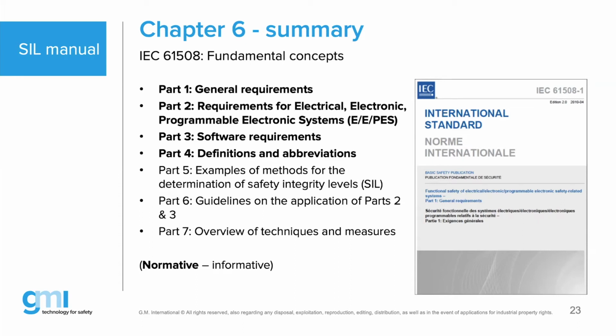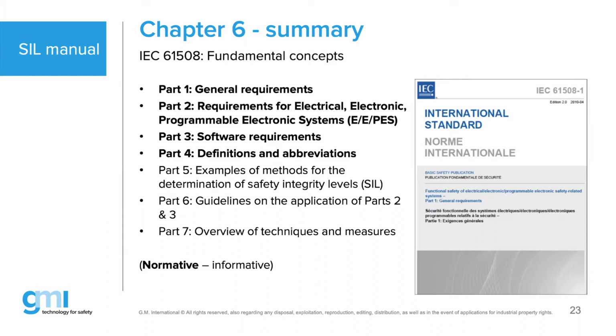And to be able to do that, he will use an informative section to help him judge that GMI has followed part 1, 2, 3, 4, and part 5, 6, 7 is informative. That means the development team inside GMI is using this as guidance to help fulfill part 1, 2, 3, 4. And that's why we make the distinction between normative and informative sections. But from an inspection point of view, from a development point of view, they cannot say, let's just skip 5, 6, and 7.